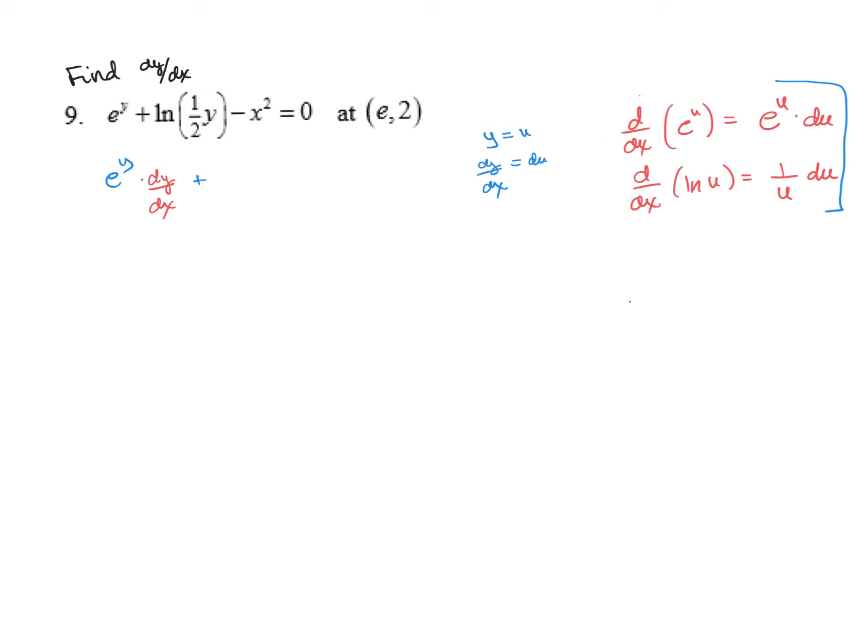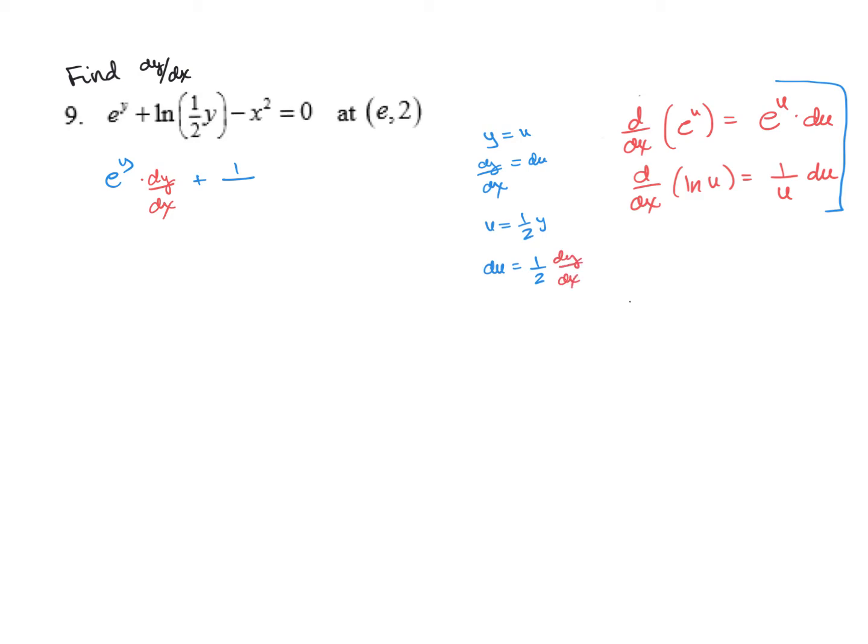Then we're going to have 1 over, in this case, we're going to let u equal 1/2 y. So du equals 1/2, and derivative of y is also going to be dy over dx.